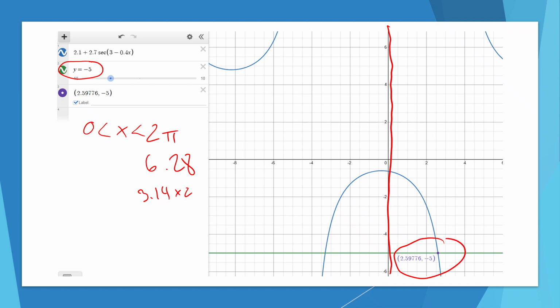So our only intersection point would be right here. So our answer should be x equals 2.597 or 598, depending on if you want to round or not. So that should be our answer for example number 12.